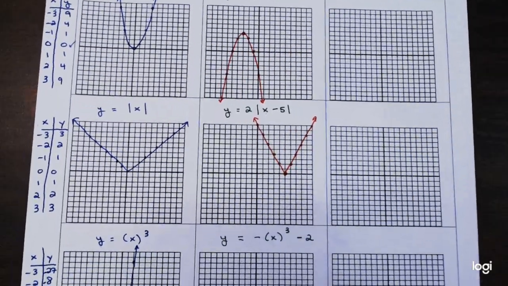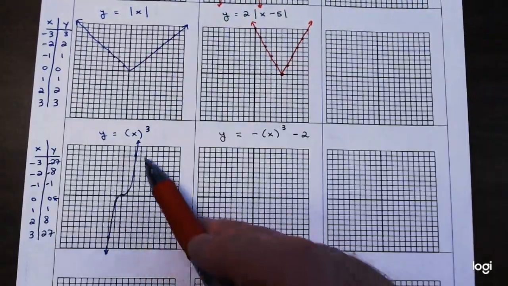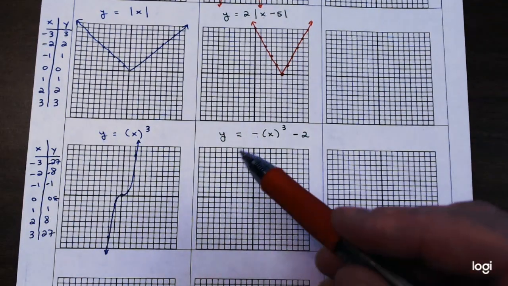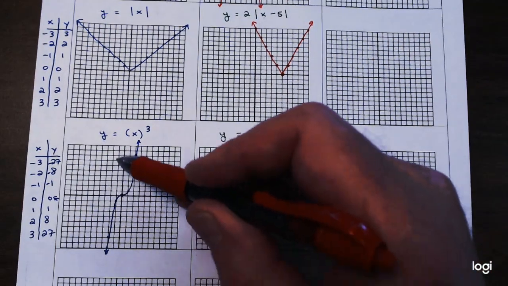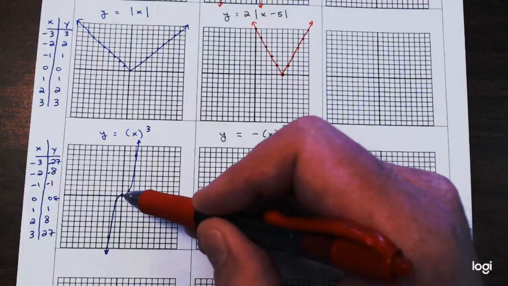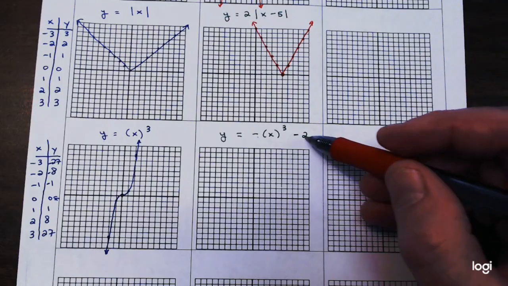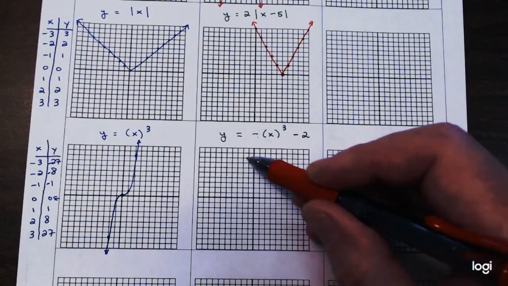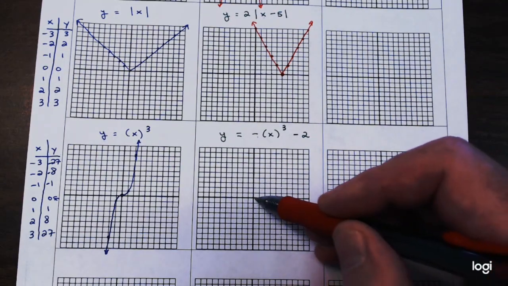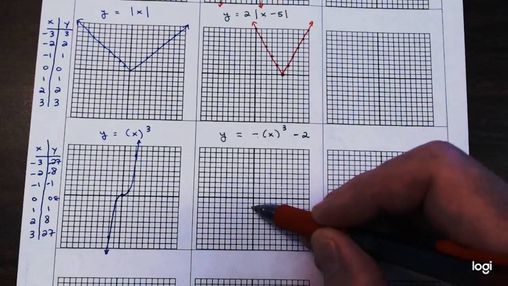All right, last one here, cubic function. We have to flip it over the x-axis, reflect it over the x-axis. This flipped is up here, this flipped is down here, and then we also have to move it down 2 units. Once we flip it, it'll look like this, and then it'll move down 2 units.